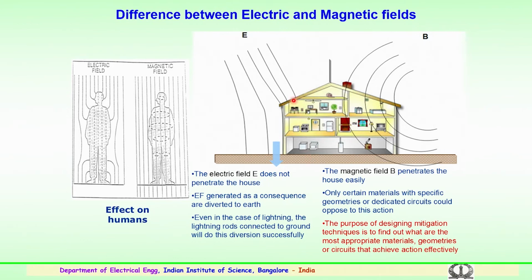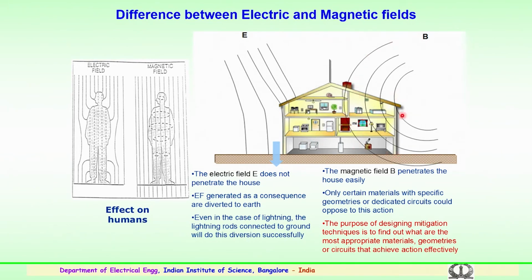It is very clear that the electric field lines normally do not penetrate inside the house, but the magnetic fields, which originate from the substation or the transmission because of high power, could penetrate the residential house also.